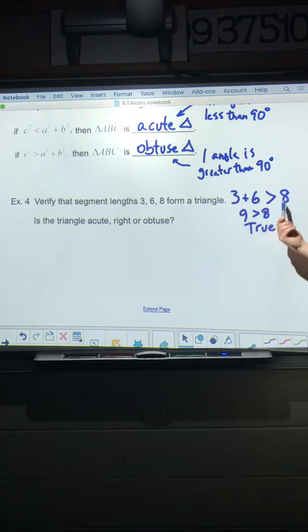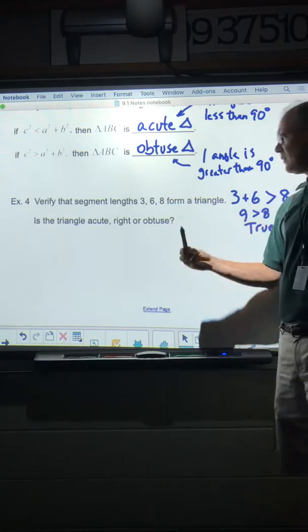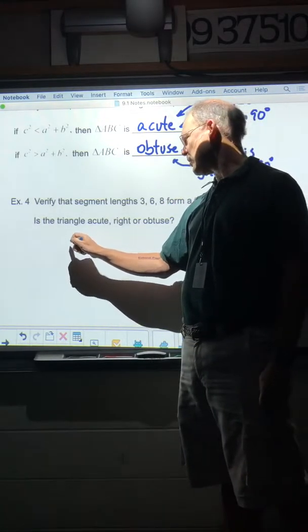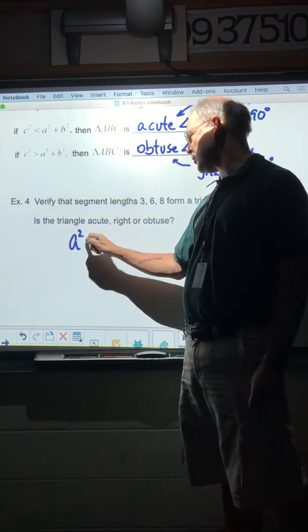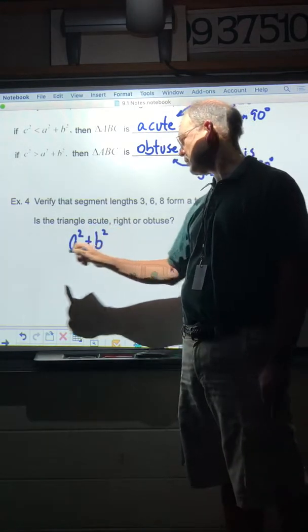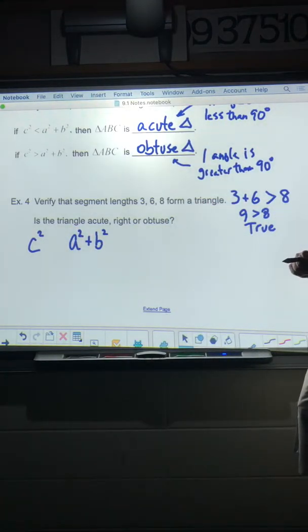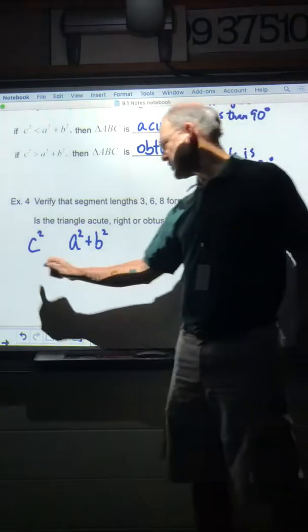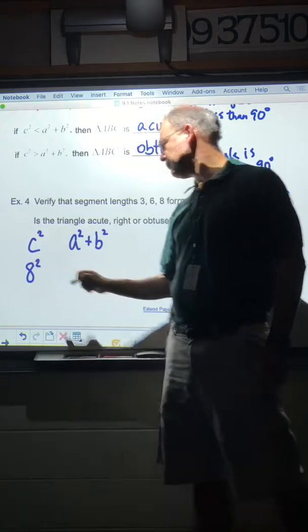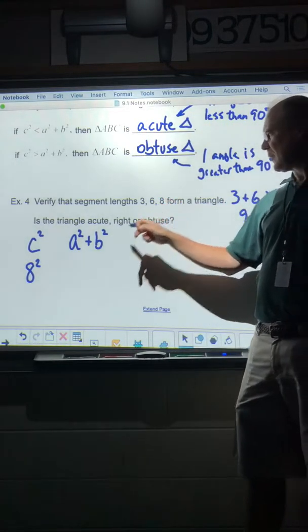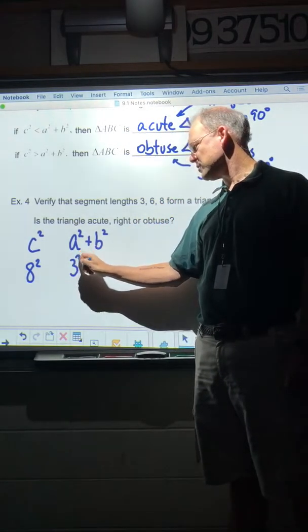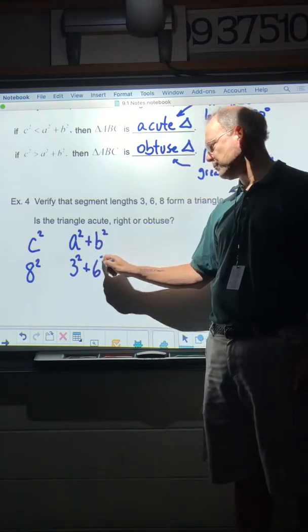So then C is our longest side. So I'm going to do A squared plus B squared. Compare that to C squared. So C squared would be 8 squared. A squared plus B squared, so that's 3 squared plus 6 squared.